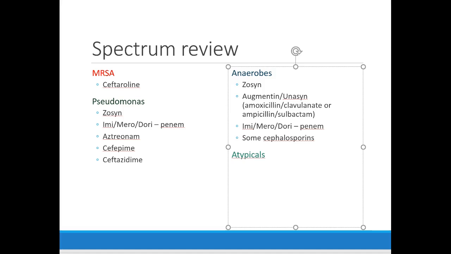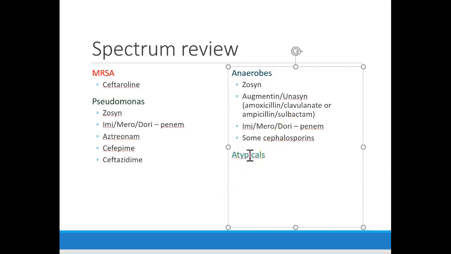Those two would also cover anaerobes, but less. You see this more useful for anaerobes in the upper respiratory tract, so like for a dental abscess or something like that. But they all would cover Bacteroides generally, and some cephalosporins do it.